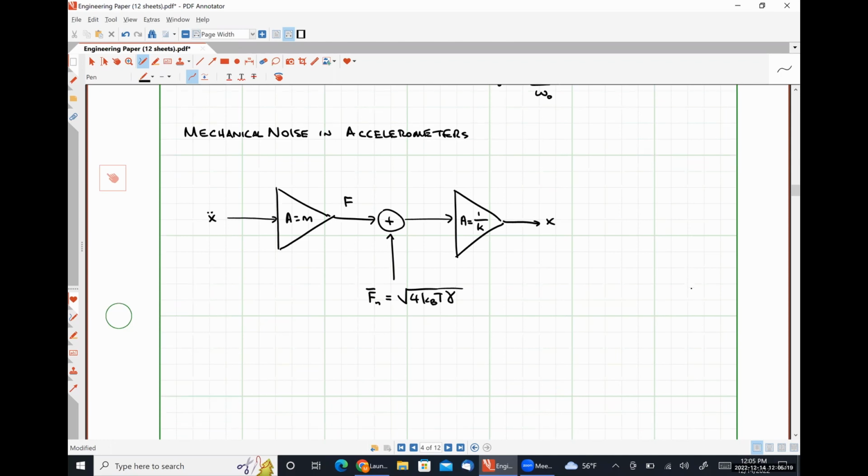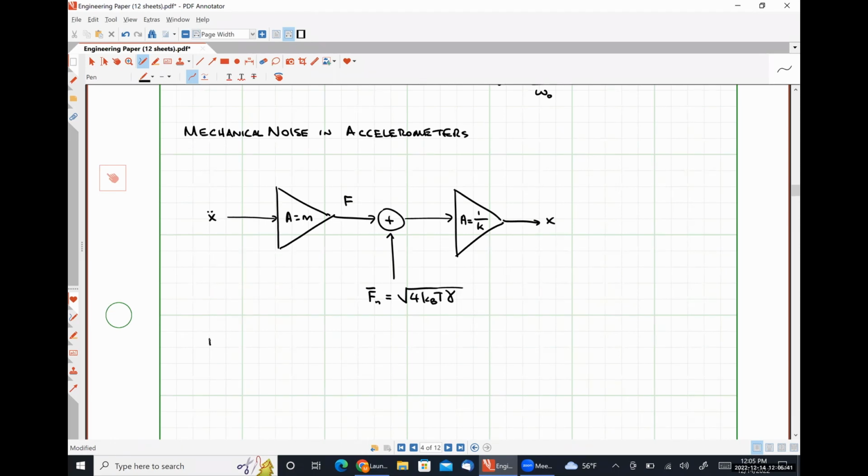So if we wanted to determine input referred noise acceleration spectral density, or effectively the threshold of the accelerations that we can measure, what would we do? We would refer the noise force from the mechanical dampers to the input.